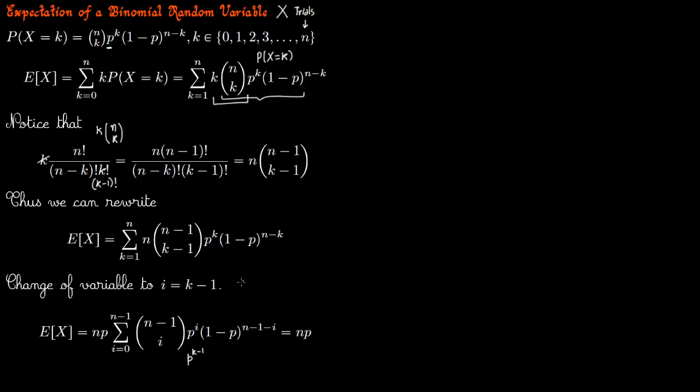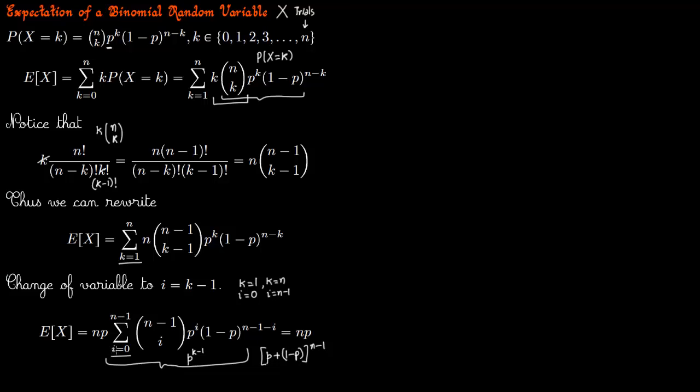So notice that when k is 1, then i is 0. On the other hand, when k is n, i is n minus 1. So you get n minus 1 right here when k is n. Now notice this is nothing but the binomial expansion of (p plus 1 minus p) to the power of n minus 1.